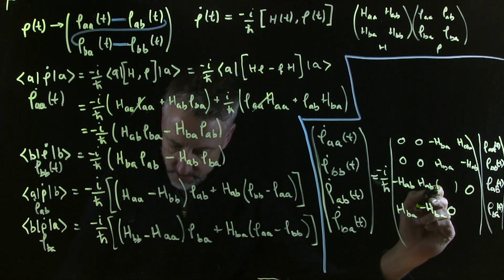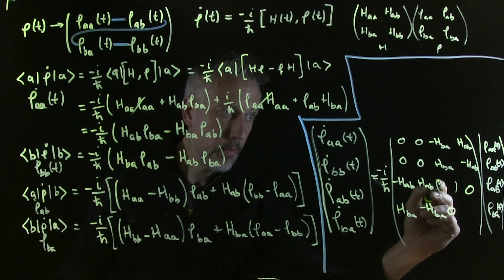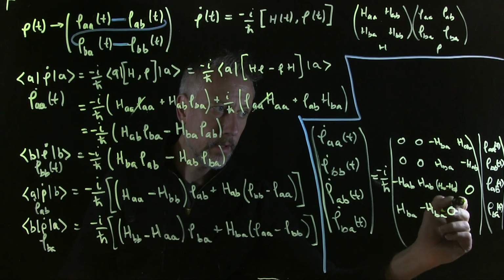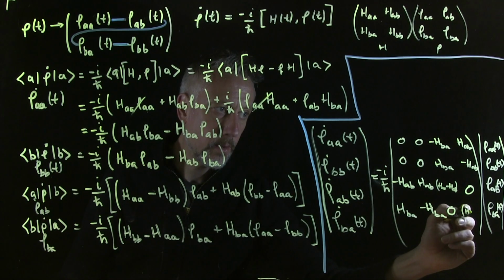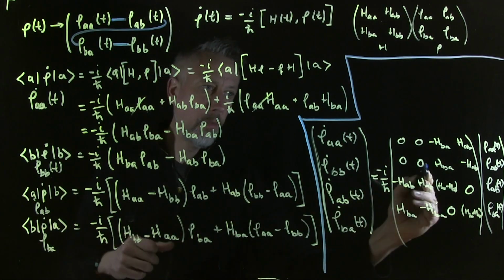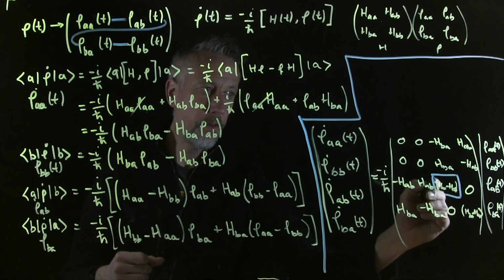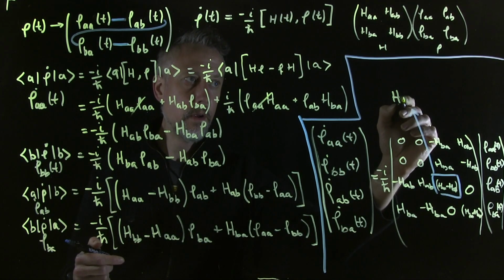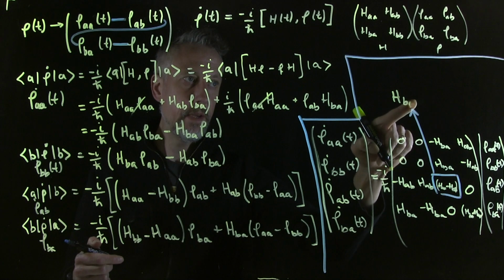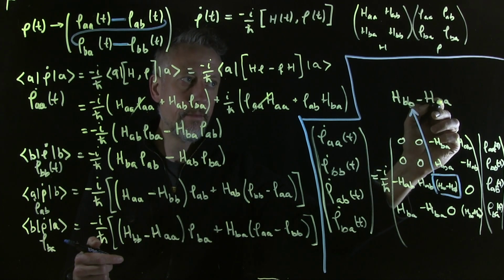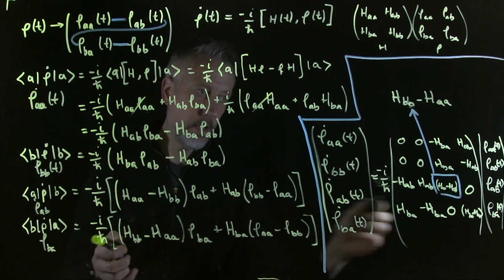This is the difference in the Hamiltonian diagonal. So HAA minus HBB. Oh boy, this is bad. And this is the other one around. HBB minus HAA. Here's what I'll do. I'll put a box here and draw it up there. This term is HBA. So no, HBB minus HAA. All right, and this is the other one.